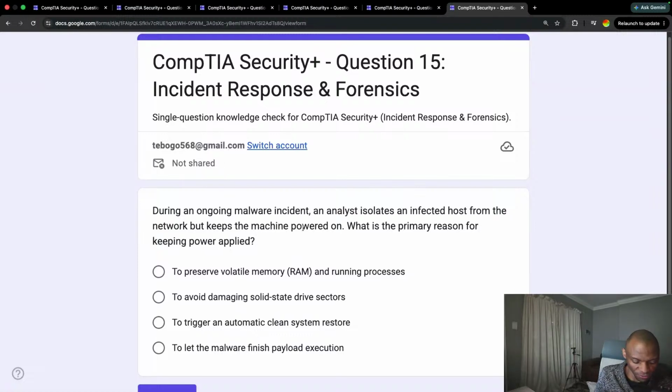Remember what a digital forensics investigator has to do first. They have to gather information, right? They have to gather data. So they keep the machine powered on so that they can preserve the volatile memory, the RAM and running processes, so that they can collect data for investigations.